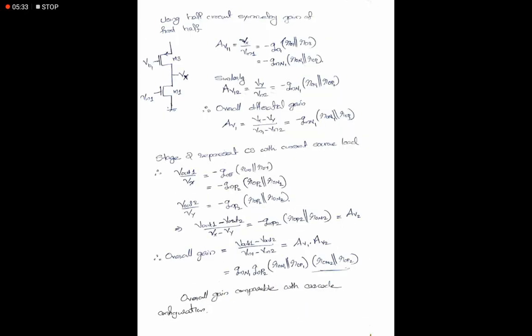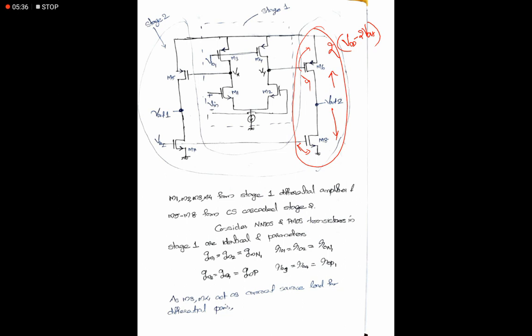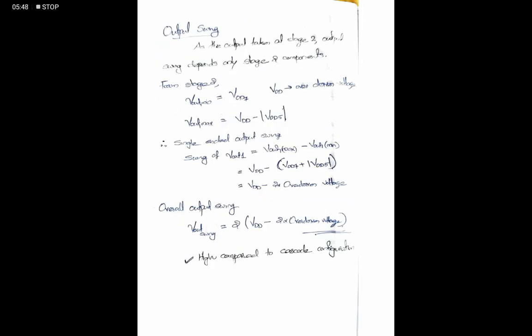So there is a drastic improvement. In the cascaded case, every transistor added decreases the output swing, but here, due to the common source configuration, the output swing increases drastically. The total output swing is 2 times VDD minus 2 overhead voltages.